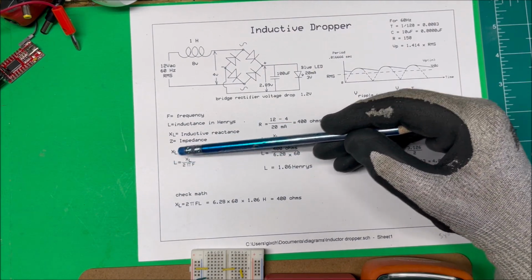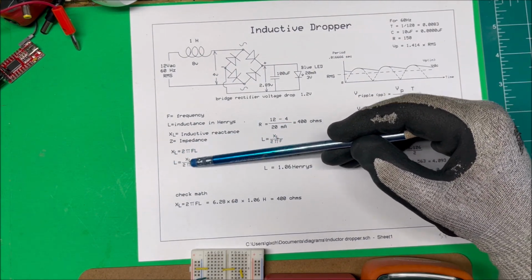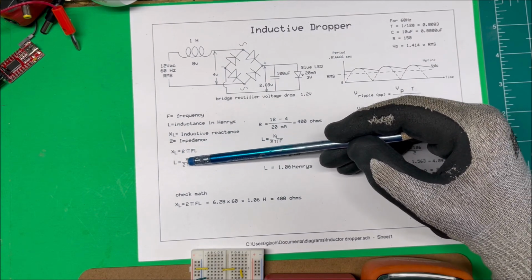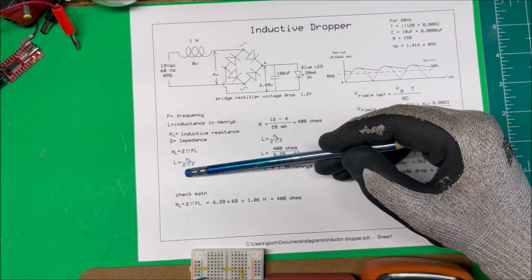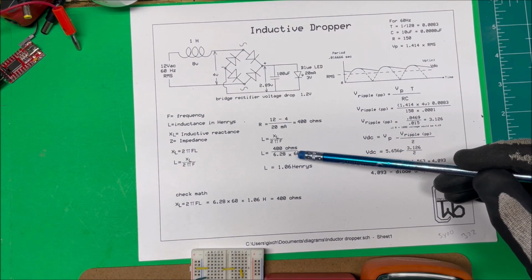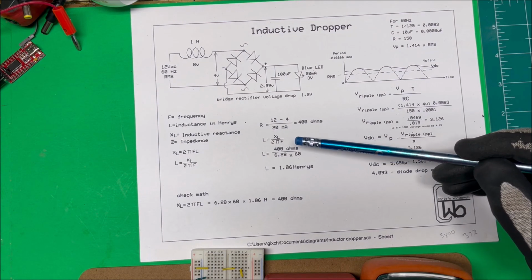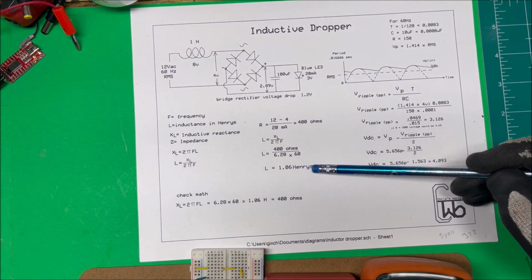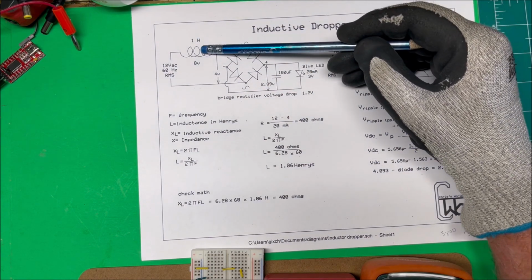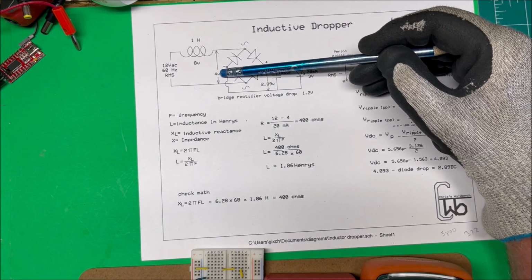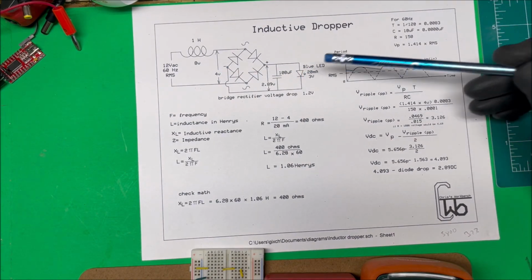To find the henries, we take this formula and massage it around a little to get L equal to our 400 ohms over 2 pi times the frequency. So we take 6.28 times 60 into the 400 ohms, and we get 1.06 henries. If I put a 1 Henry inductor up here and 12 volts AC here, I should get 4 volts here and 3 volts over here.